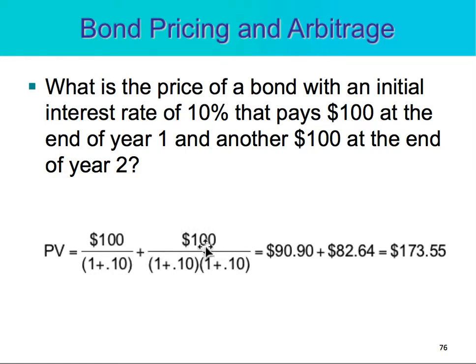And the $100 payment after the second year has a present value of $100 divided by 1.1 squared, which is the 82.64. So two $100 payments spaced out a year apart, one in 1 year, one in 2 years. The promise of those two payments is worth $173.55 today.